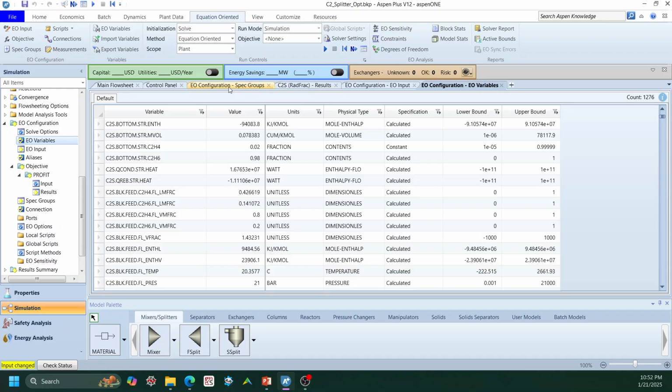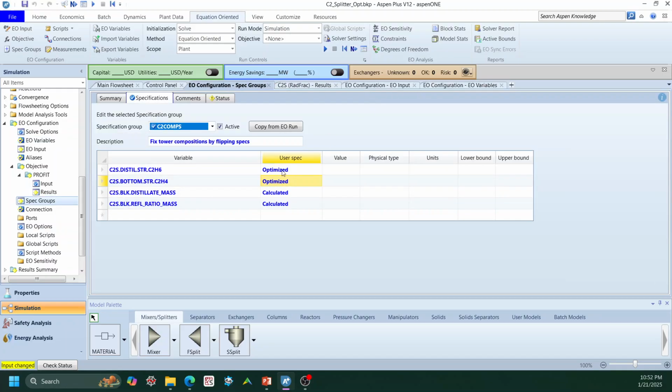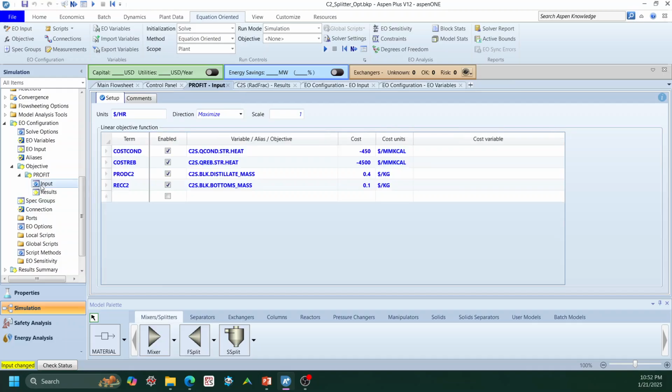Now, once we define which variables are optimized and which variables are calculated from this flip, we define the inputs of the objective function. It's all in linear fashion, if you recall, and then objective.